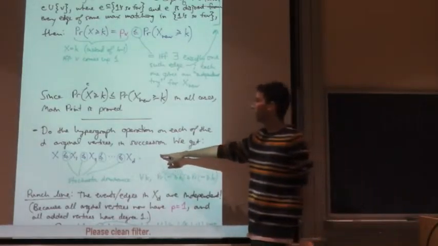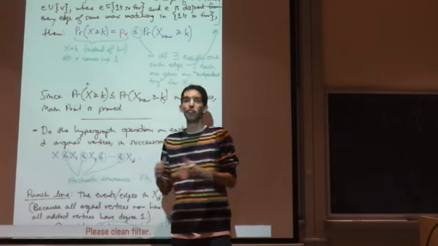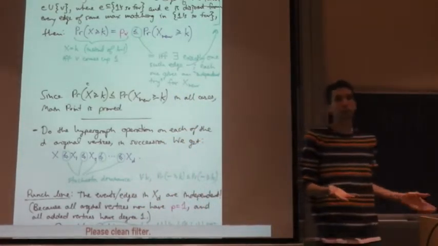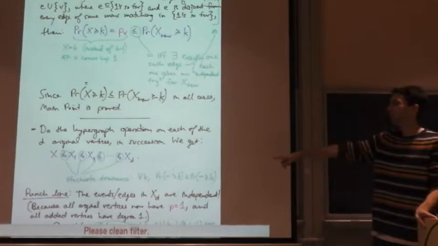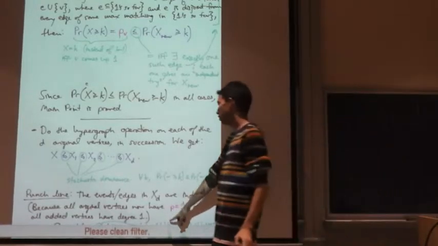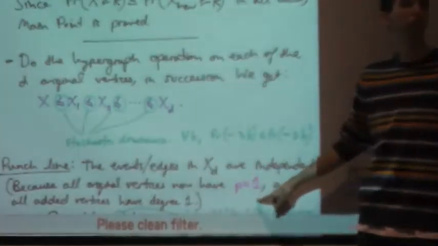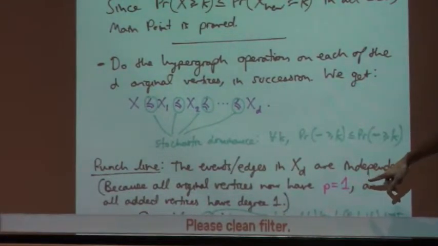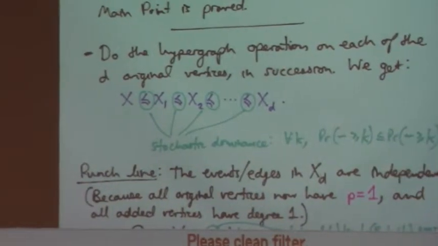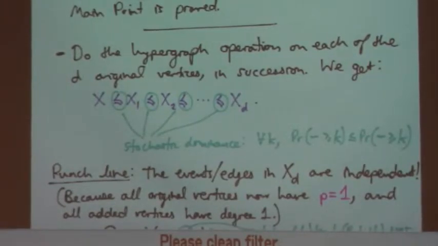So in the last hypergraph, the edges actually occur independently. Why? It's right here. All the original vertices have had their probabilities changed to 1, so they play no role in determining whether or not the edges show up, because all those vertices automatically show up.